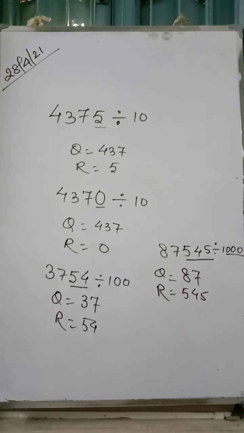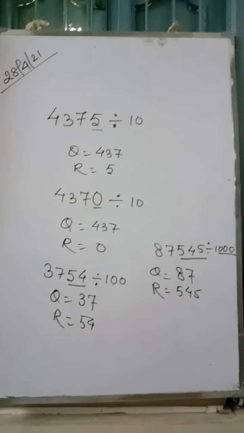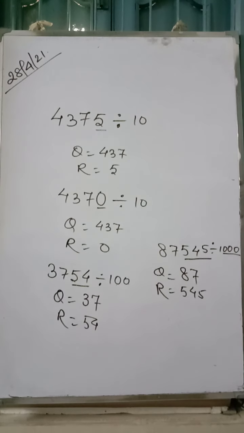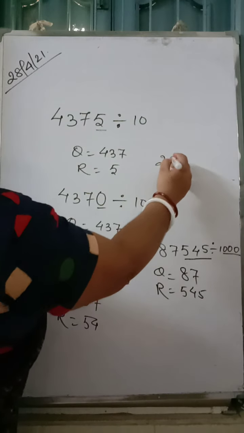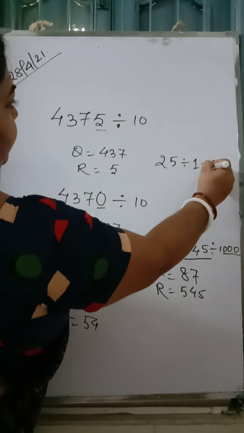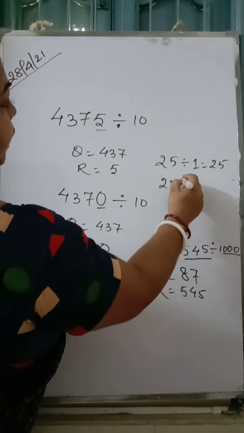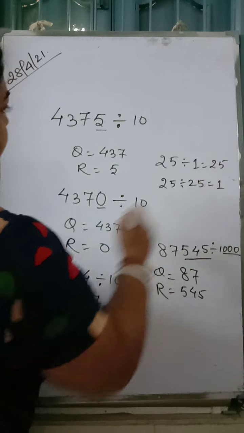As the number of zeros increases, the number of remainder digits will increase. So when the number is divided by 10, 100, 1000, 10,000 and so on, we don't need to divide it, we just see the digits and write the quotient and remainder. If any number is divided by 1, it gives itself. If 5 is divided by 1, or 25 is divided by 1, it gives you 25, or if 25 is divided by 25, it gives you 1, is it?